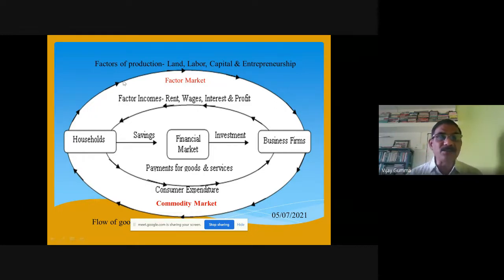The outer circle of this diagram shows the flow of factor services and the flow of goods.